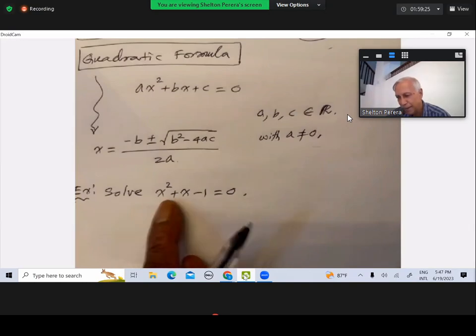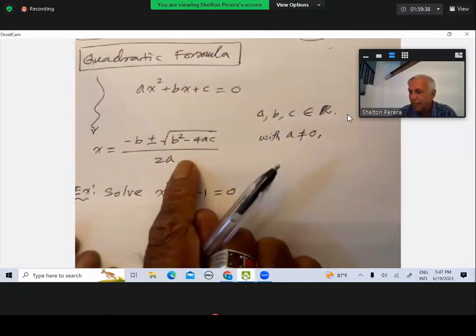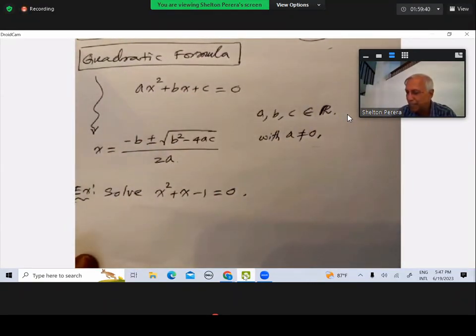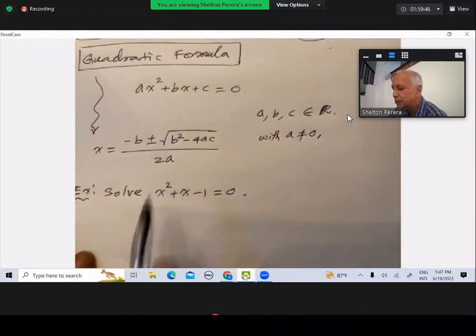X is at two places, not just inside a square. So the taking square root method won't work. Completing the square would work, but you have done it for O level, so now I'm not going to review it. We will immediately go to the formula.